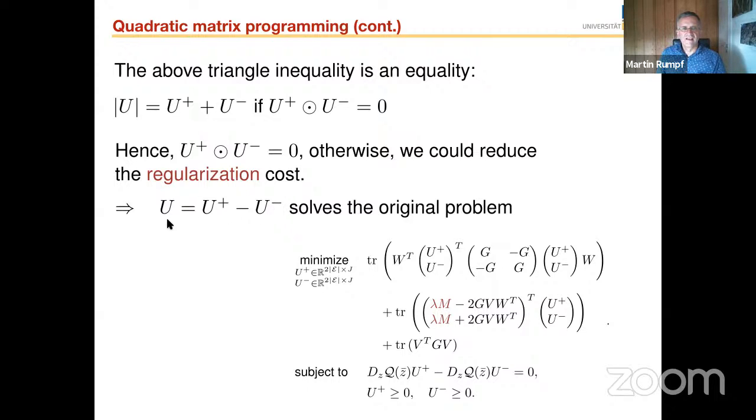And if we do not fulfill this property here, then we pay obviously a larger cost for the quadratic energy here. And that has to be avoided. And hence, here is really equality, and the solution of the relaxed problem is the solution of the original problem. And this problem here is a sequentially quadratic program.